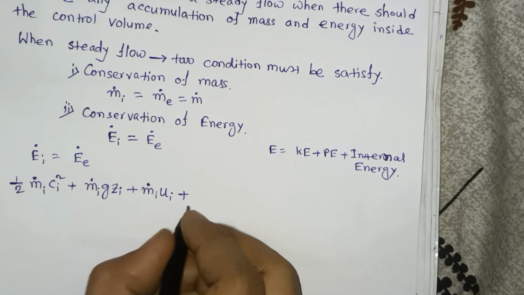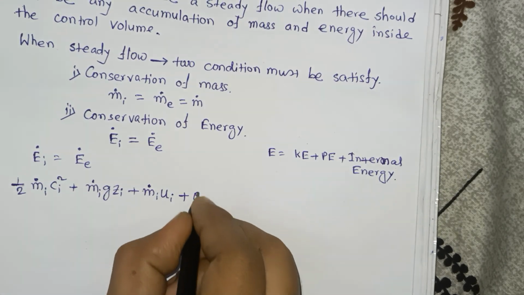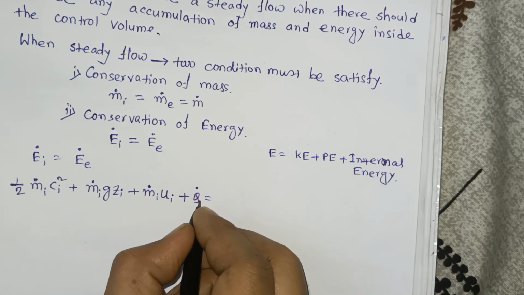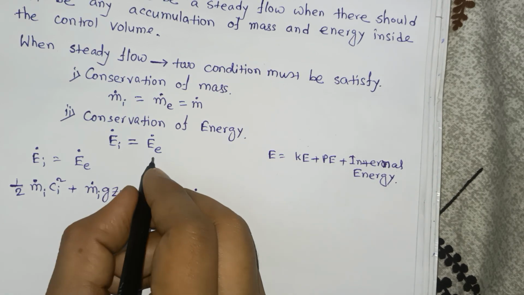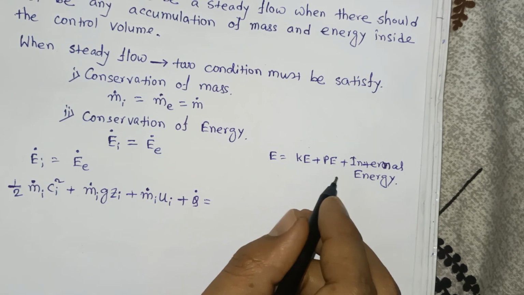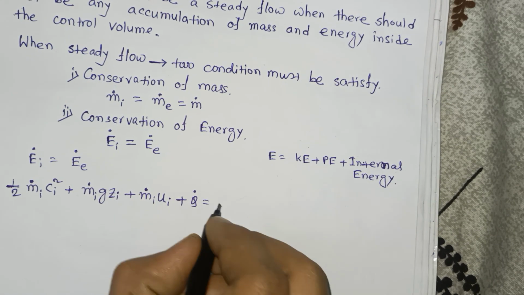So Q dot is equal to the exit energy, that is kinetic energy plus potential energy plus internal energy.